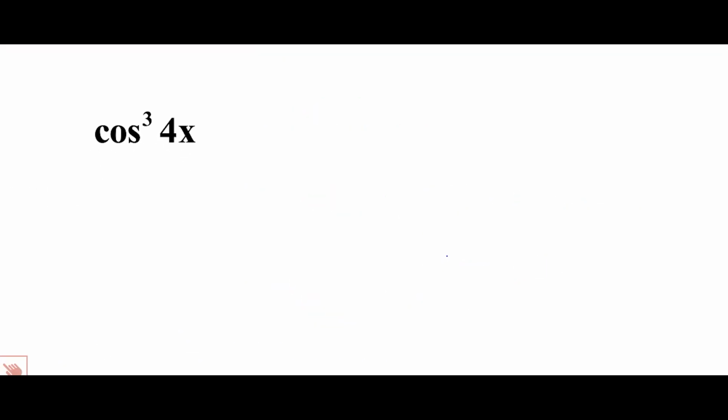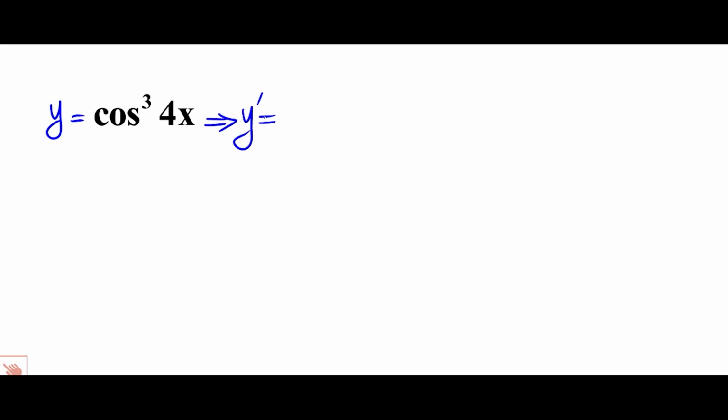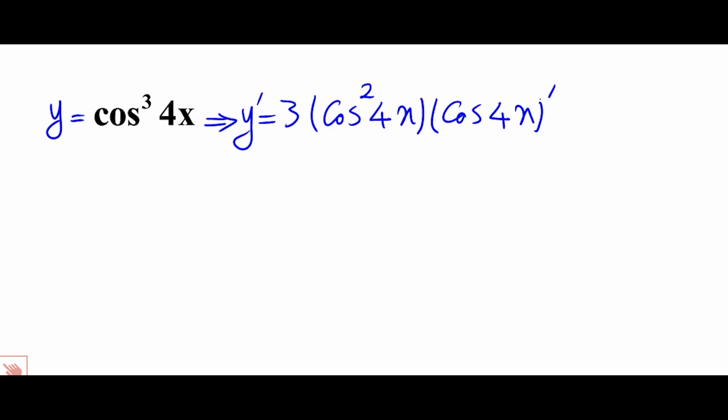If y is equal to cosine cubed of 4x, so y prime is equal to, first bring the exponent down, 3 times, subtract 1 from the exponent, cosine squared of 4x times the derivative of the inside function, meaning cosine of 4x prime.